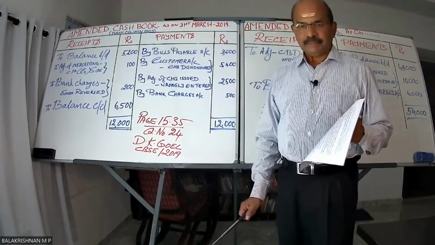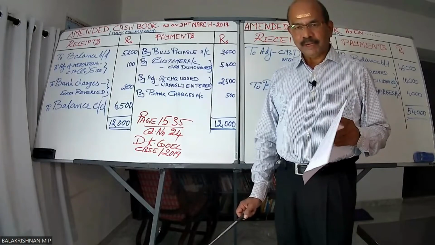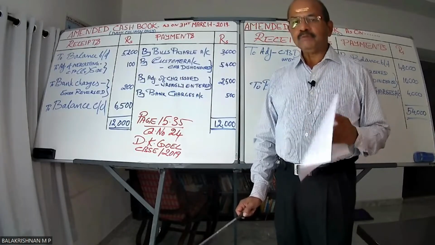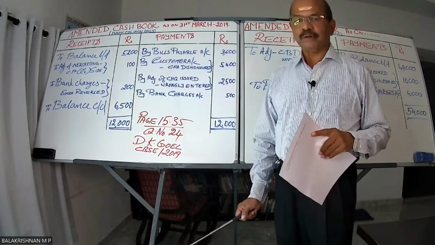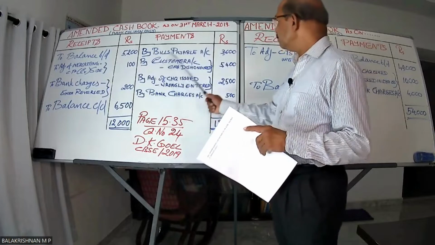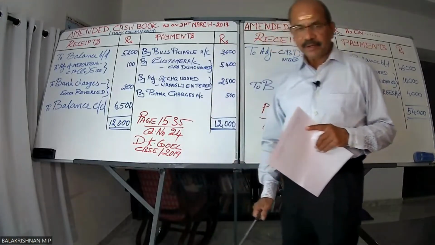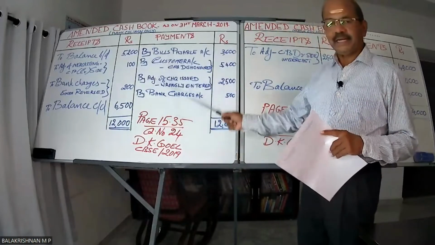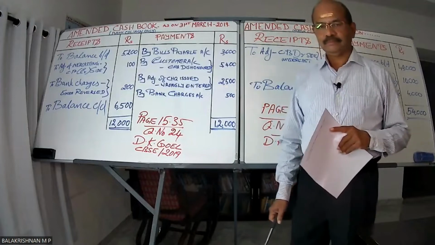A payment the bank has made, or a bills payable has been honored by the bank. So bank has made a payment which bank has duly, of course, recorded. You failed to record it. So have it recorded here by bills payable account 3,600. Okay. I'm again reminding you, this is not a test of your proper rectification of errors.